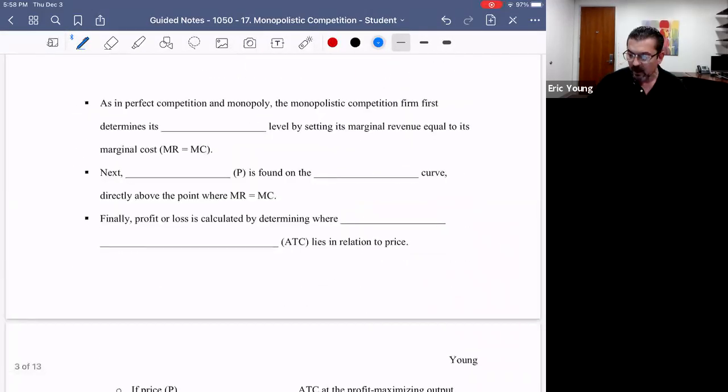So what steps will we take? Well, we have our 3-4-step process that we've done before. As in PC and Monopoly, step 1, the monopolistic competition firm will first determine its output level. Okay, in our step-by-step process, we had our layout, we had our curves. Step 1, we follow MR equals MC to determine the output.